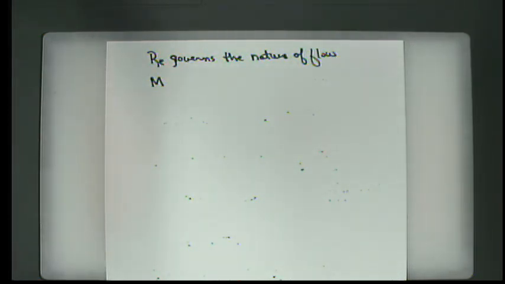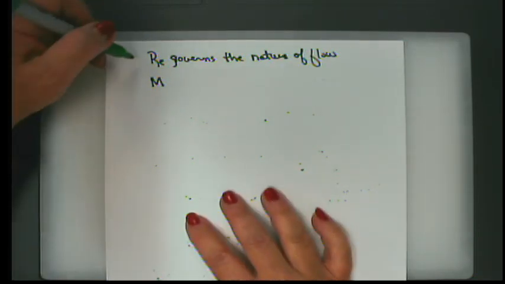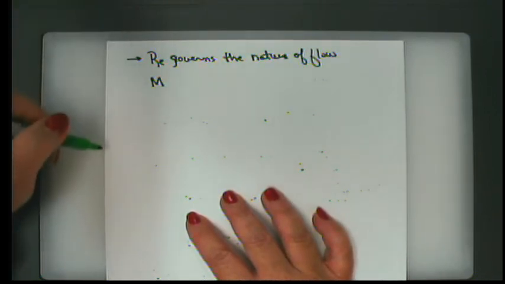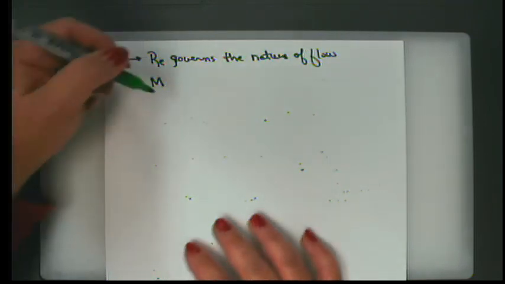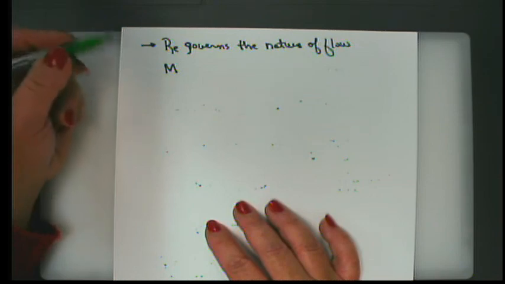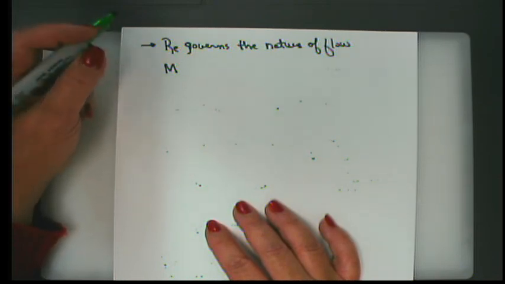In other words, are we traveling at a speed that is above, at, or below the speed of sound? And that has a great deal to do with the nature of the compressibility of the fluid. But we're talking about subsonic flow pretty exclusively here. And so the Reynolds number is what we're going to talk about when we talk about the boundary effects of the fluid and what happens around the immersed object.